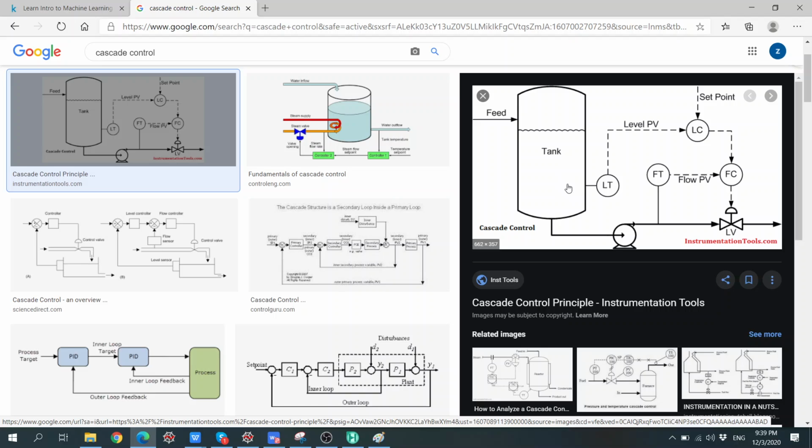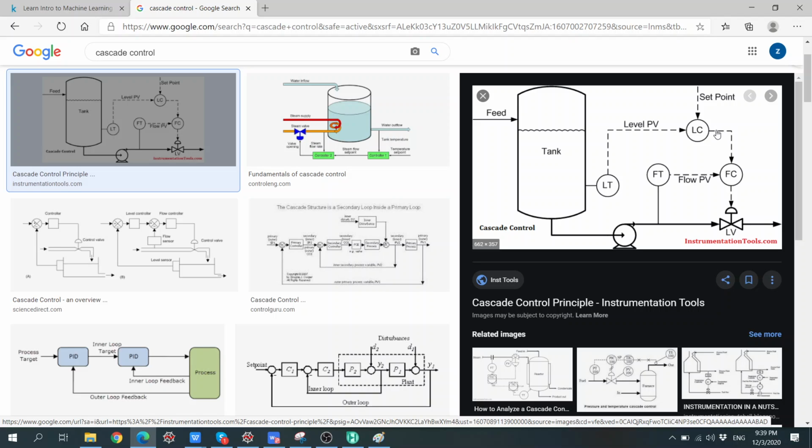We are measuring the level, and then from this level measurement we are going to send what the measurement is. So we have the y variable over here, and then the set point. So we would like to have, for example, 50% of the level, and then from this 50% and the measured level over here, we can calculate the error, and this error is then coming out of here.